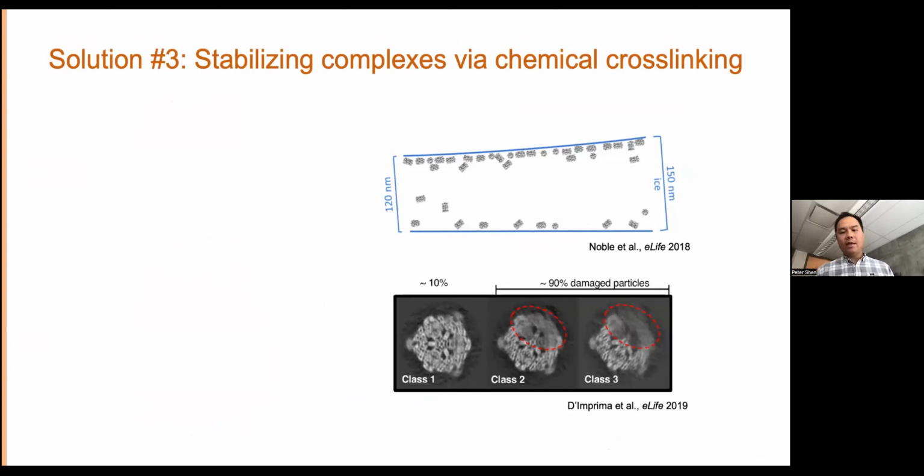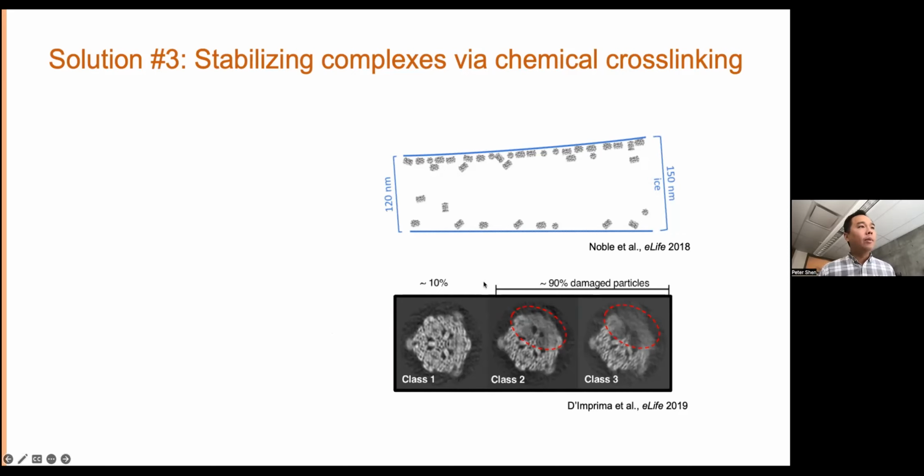By 2018, 2019-ish, important studies by Alex Noble at NYSBC and Werner Kühlbrandt's group confirmed these long-held suspicions that particle interactions with the air-water interface was a major driving force behind common problems associated with cryo-EM, including preferred orientations and particle denaturation. And so we reasoned that a mild amount of cross-linking could provide some level of protection to these particles to keep them intact during grid preparation.